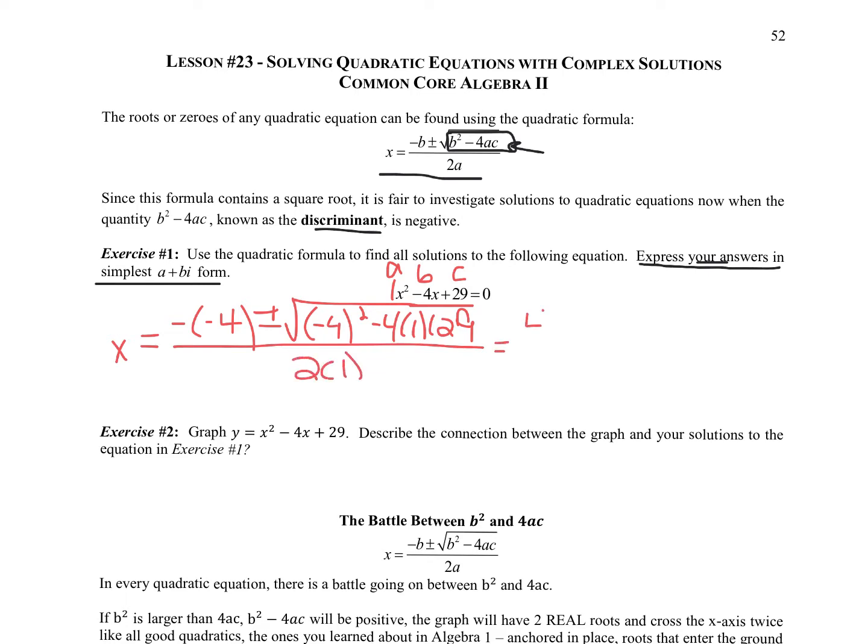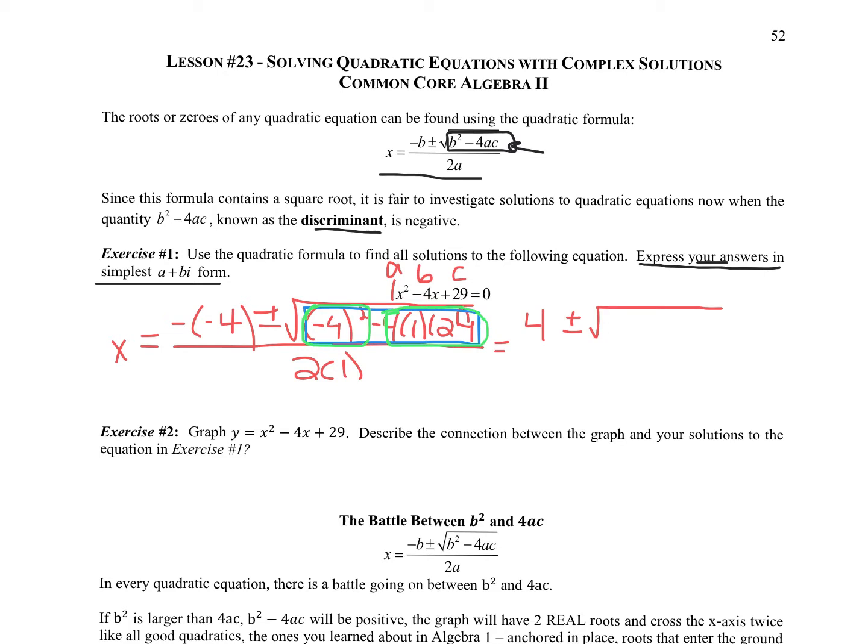So that's going to simplify to 4 plus or minus, if I type the discriminant, which we can now call the discriminant, in my calculator, I get negative 100. But we're going to slow down for a second, and when I look at this, I could tell this was going to be negative before I typed it in my calculator, because when I look at the b squared, that's going to be 16, and even though maybe I don't know this part in my head, I can tell that that's going to be bigger.